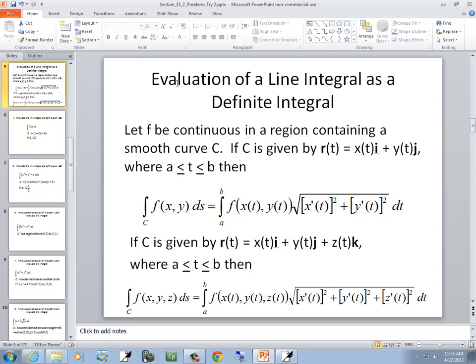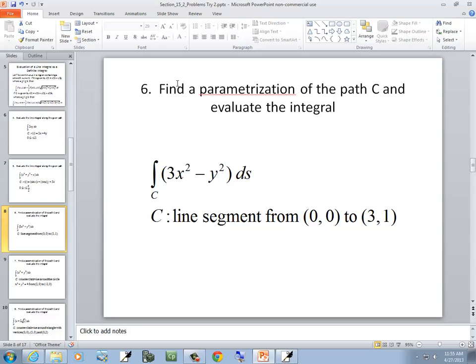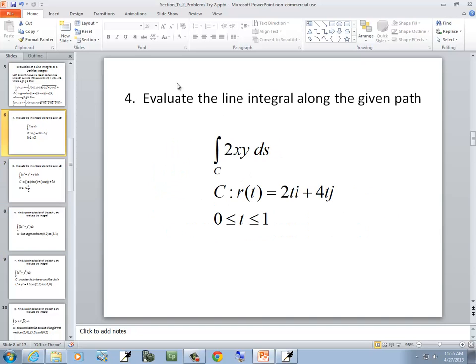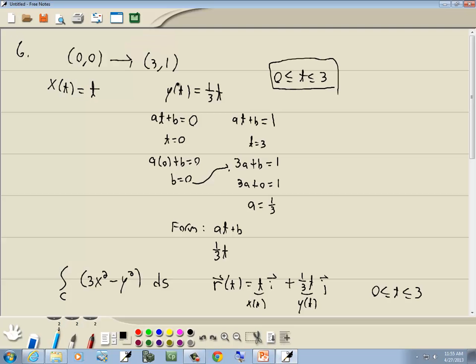Assuming I got the order right. Yeah, 0 to 3, 1. How interesting. Let me double check this a second. Fascinating.